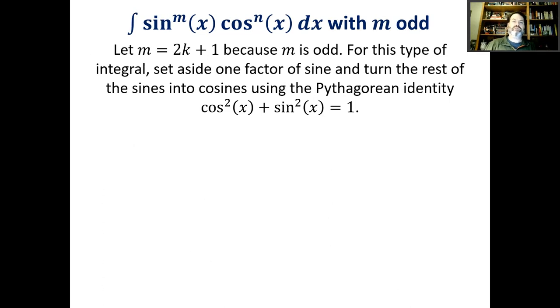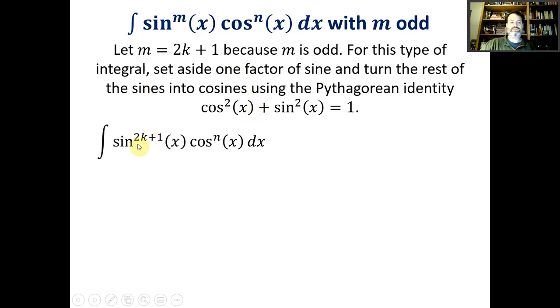And it works if the power on sine is odd as well. It's exactly the same technique. The only difference is that the derivative of cosine is going to be negative sine. That's the only thing that changes. So if we let m equal 2k plus 1, we set aside one factor of sine and turn the rest of the sines into cosines.